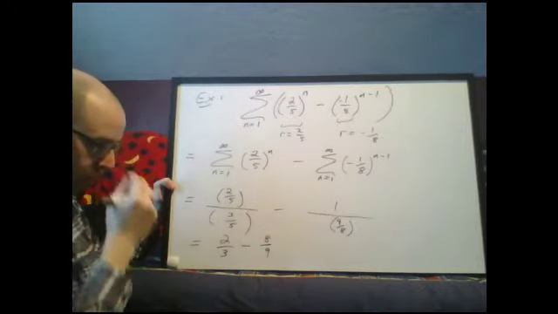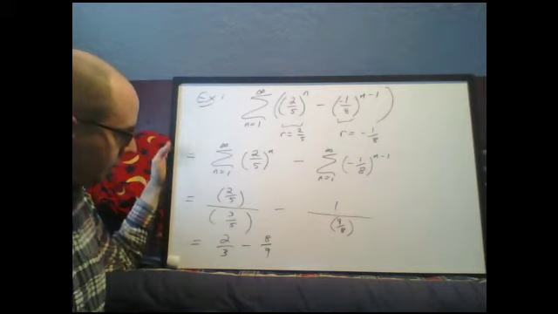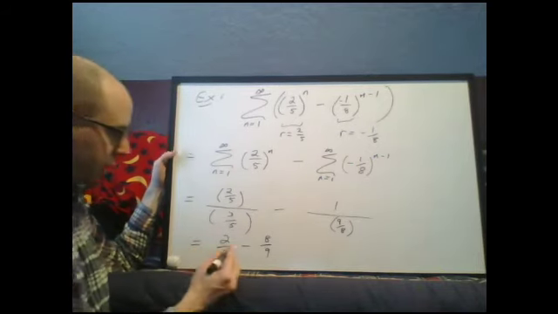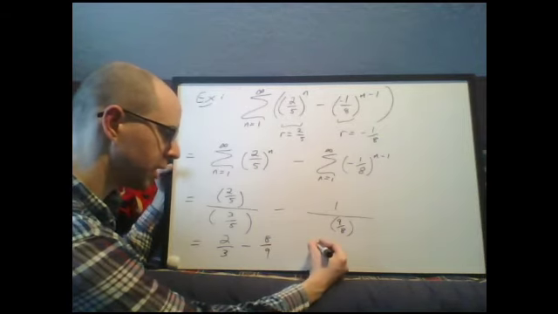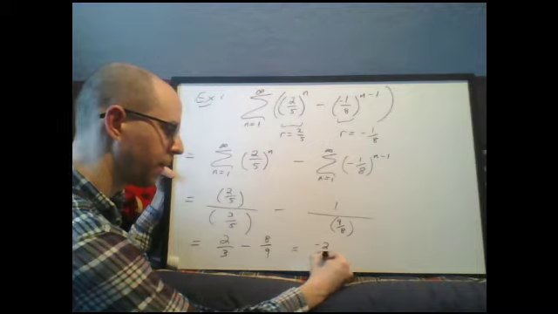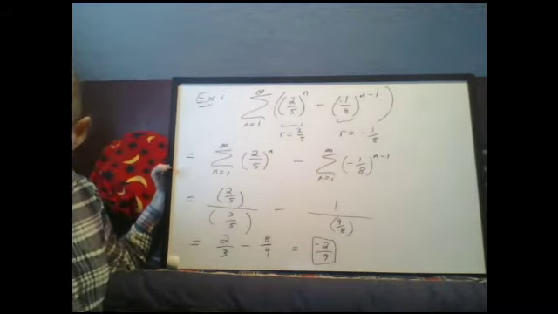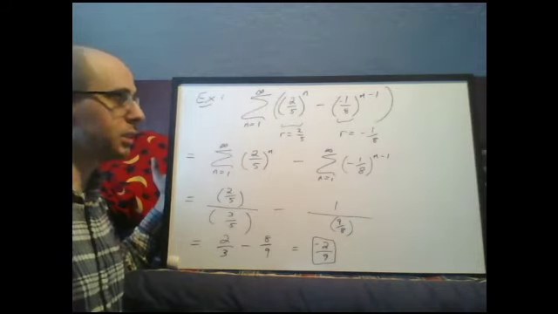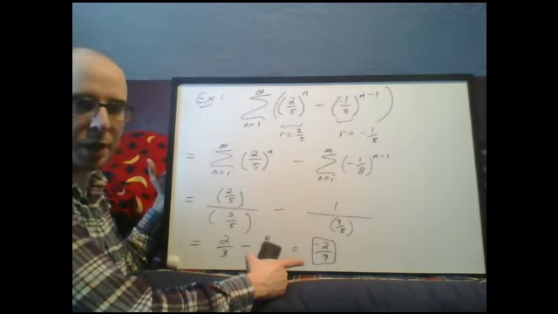So 2/3 minus 8/9. I would need to multiply by 3/3 to get 6/9. So 6 minus 8 is negative 2/9. So our answer is negative 2/9. It's a convergent series whose value is negative 2/9.